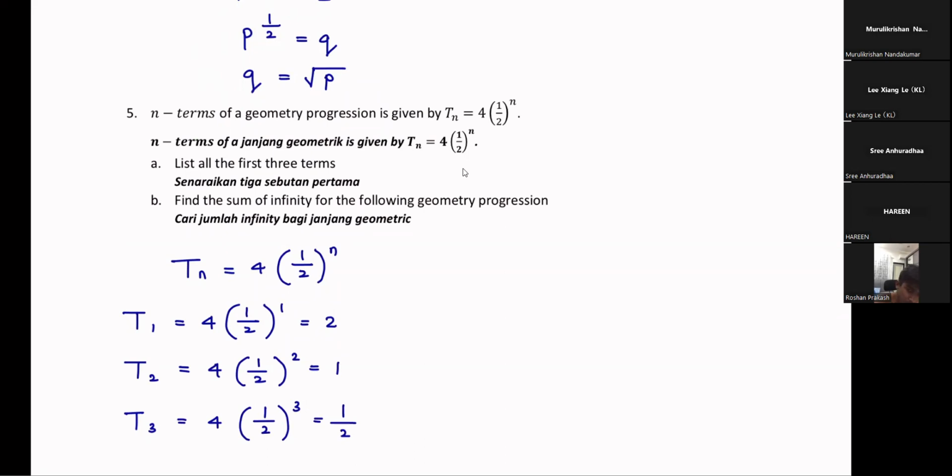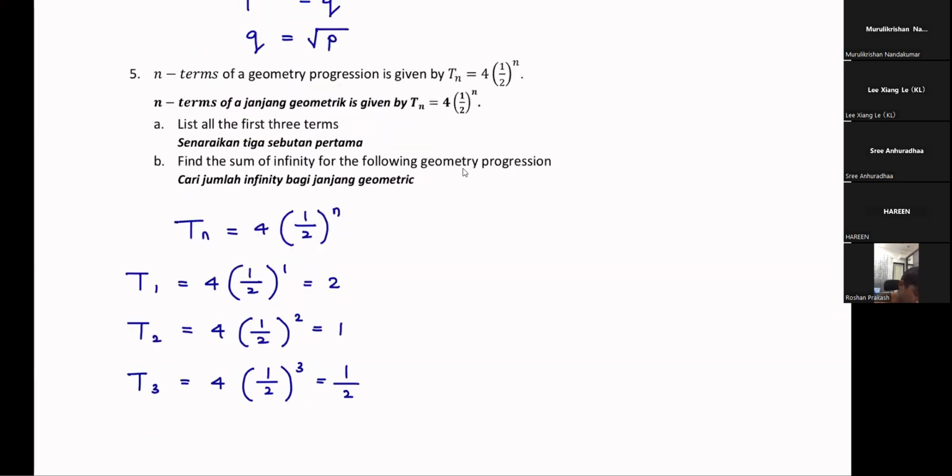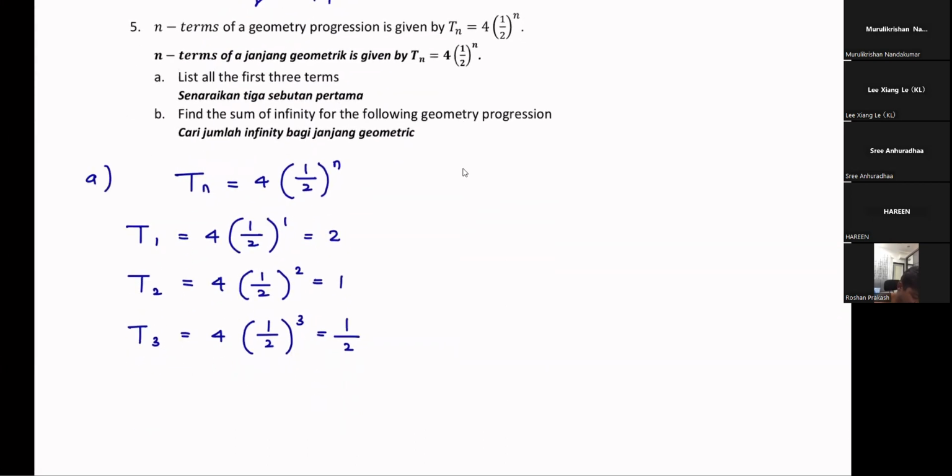You got it. So you have got the first 3 terms for the question A: 2, 1 and 102. First 3 terms. Find the sum of the infinity.